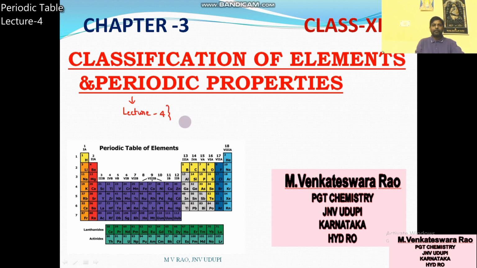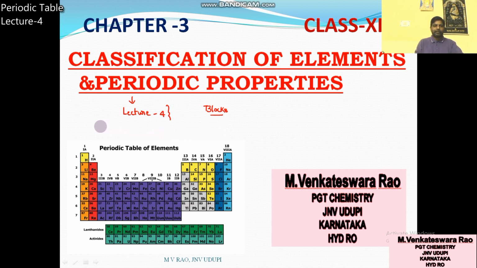In the previous topic I explained about blocks of elements. So the periodic table is classified into 4 blocks, that means SPDF blocks.